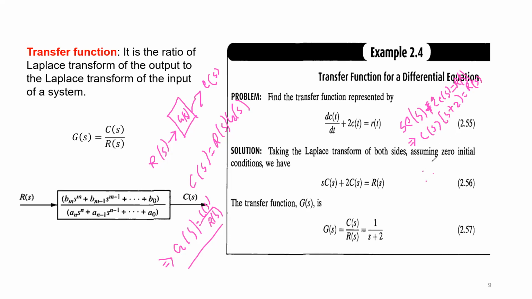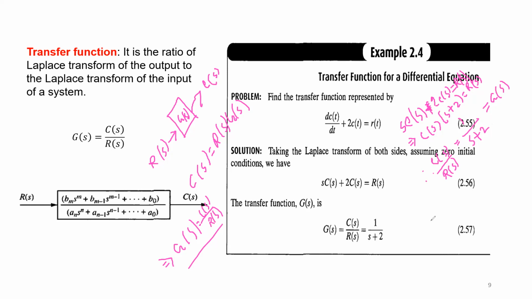So C(s) over R(s) would be 1 over s plus 2. This is G(s), that is the transfer function.